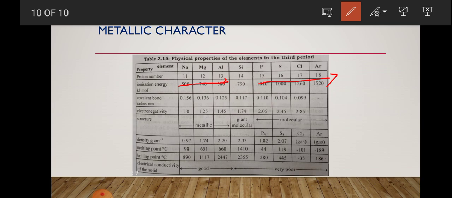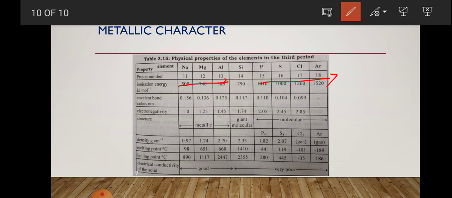The metallic character has a relationship with the ionization energy and electronegativity of the elements.